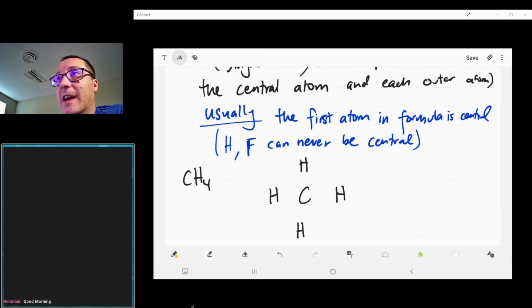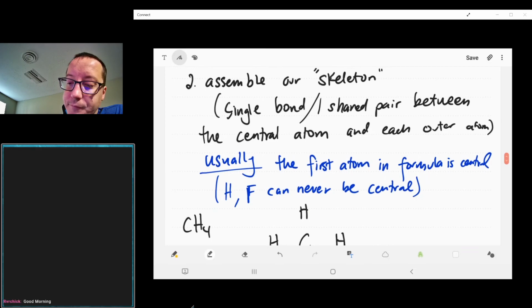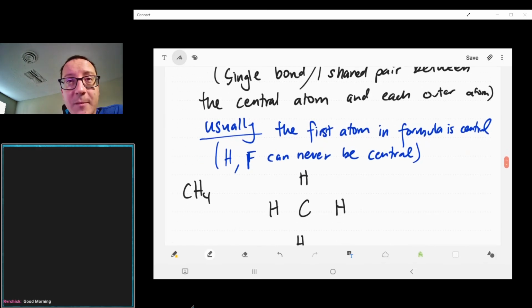We're going to see this doesn't actually reflect the shape of the molecule, but that's something for a few days from now. So we want to form one single bond between the central atom and each outer atom. We're going to do that by putting in a pair of electrons in between them, from the central atom to every single outside atom.